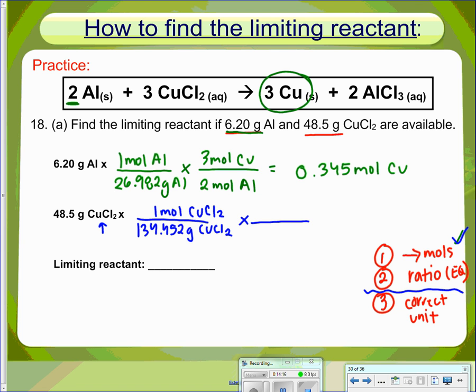Okay, so step 1 is done. Next, I need the ratio. So for every 3 moles of copper 2 chloride, I have 3 moles of copper. So I'm solving for that product, putting it in my calculator, 48.5 divided by 134.452.